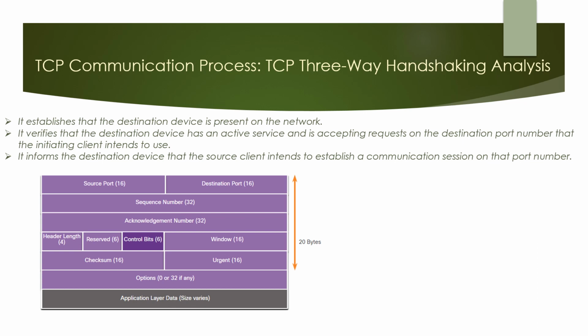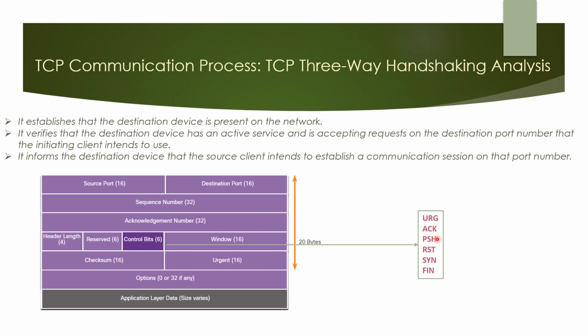The 6 bits in the control bit field of the TCP segment header are also known as flags. A flag is a bit that is set to either on or off. The 6 control bit flags are as shown here. We have the urgent pointer field significant.